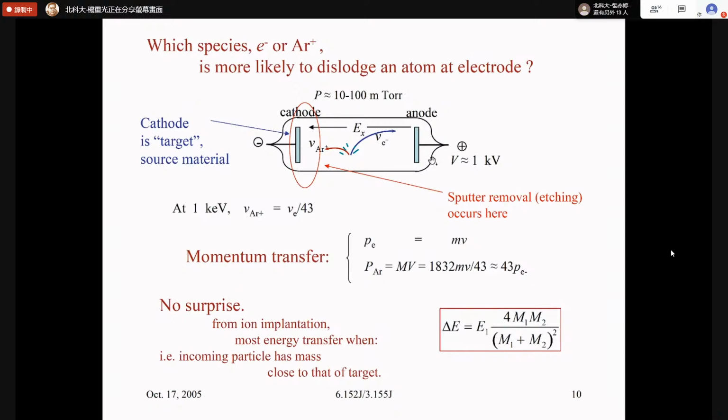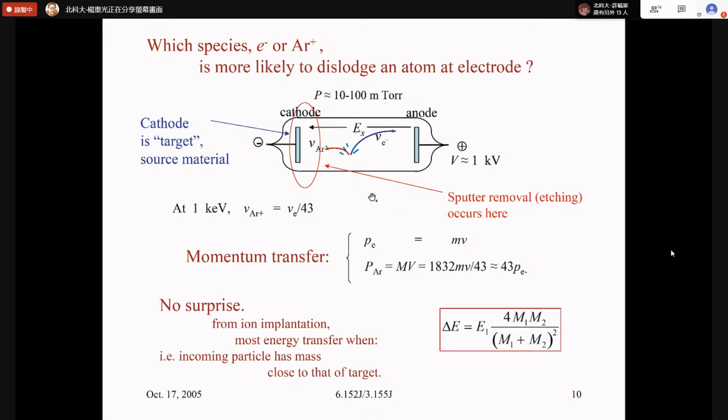This is an anode, and normally we use 1 kilovolt. The argon ion hits the target, and then the target atoms come out. Sputter removal occurs here.